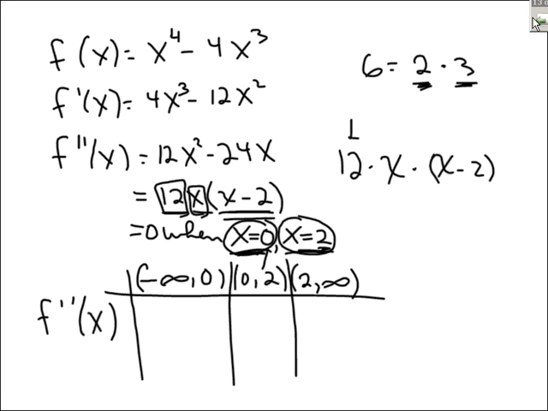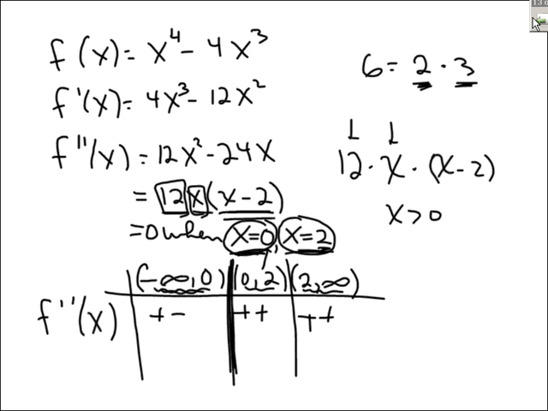Well, 12, always positive. 1, 2, 3, got it. The next factor is positive if x is more than 0. X is more than 0 to the right of this line. More than 0 up to, but not including 2, that's more than 0. More than 2 on forever, that's more than 0. So those are positive. This is all numbers less than 0.